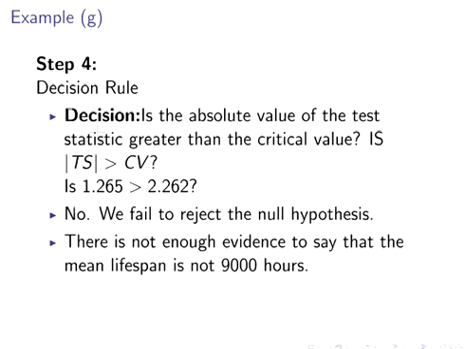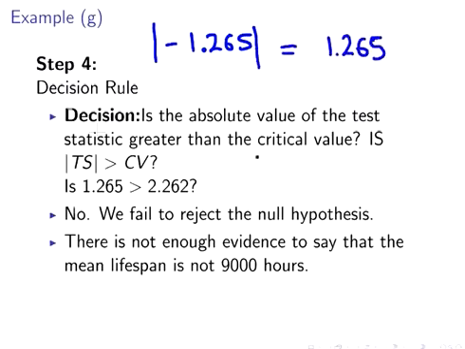So the last part is the decision rule. Is the absolute value of the test statistic greater than the critical value? Is the absolute value of TS greater than CV? Well, the absolute value of the test statistic, minus 1.265, is 1.265. Just disregard the sign. Is that the case? No. So we fail to reject the null hypothesis.